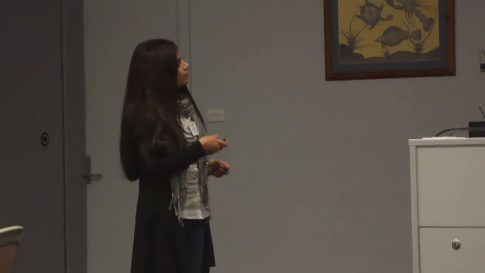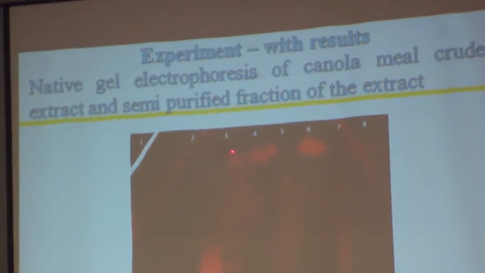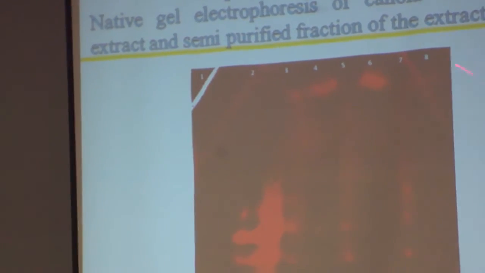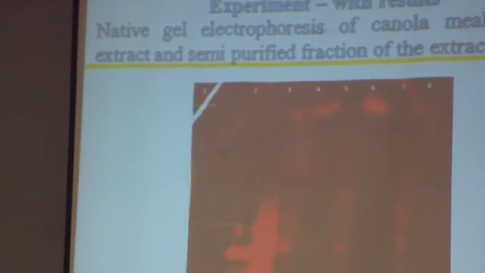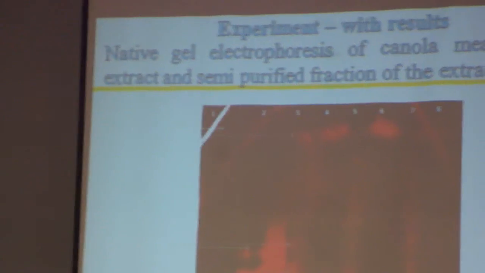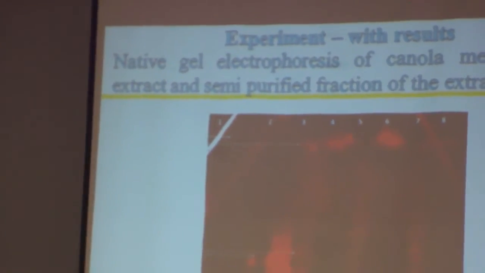Here in this figure, which is native gel electrophoresis of canola meal crude extract and semi-purified fraction of the extract, lane 1 is the blank, lane 2 is the standard, while in lane 3, which is the semi-purified fraction of the Rivet variety, we can see there are 3 bands.